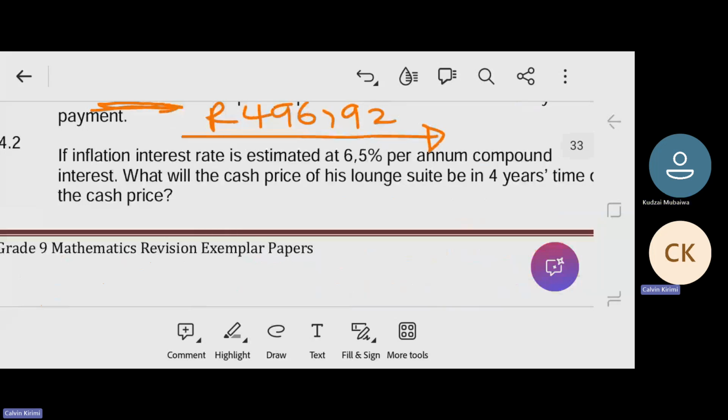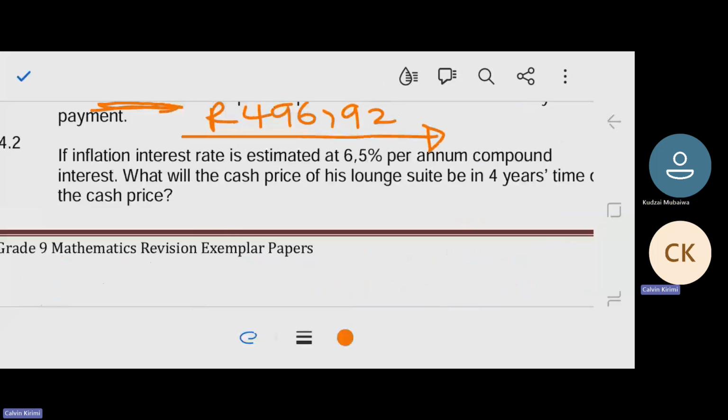So we are saying A equals to. What is our A, what is our P and what is our i? A is the price after 4 years.